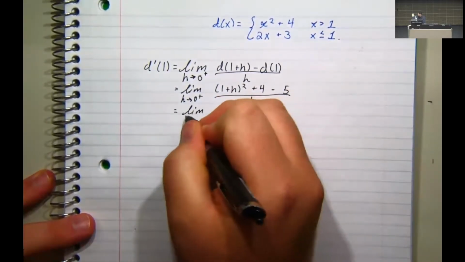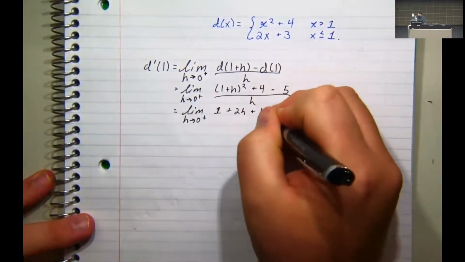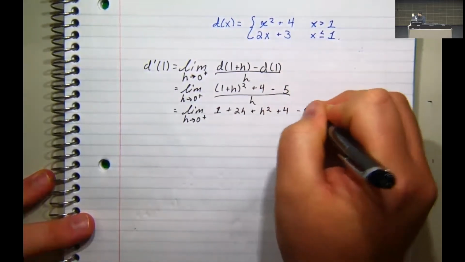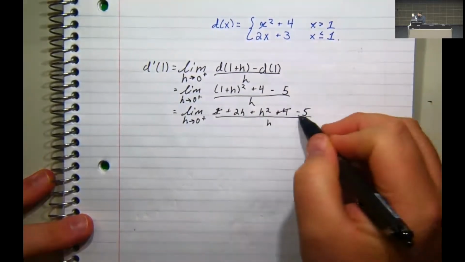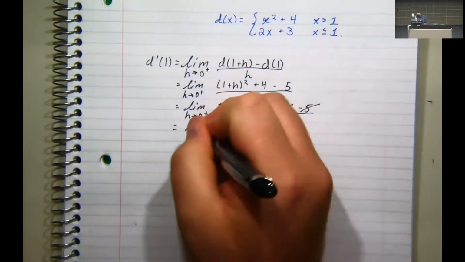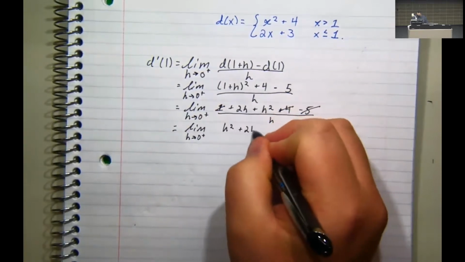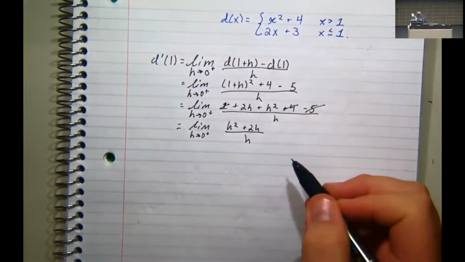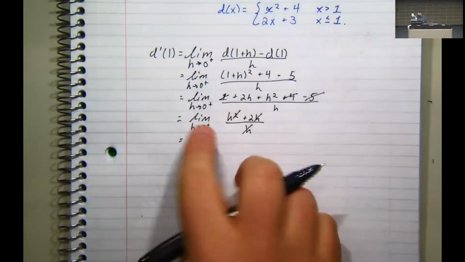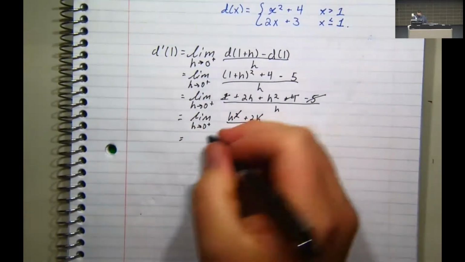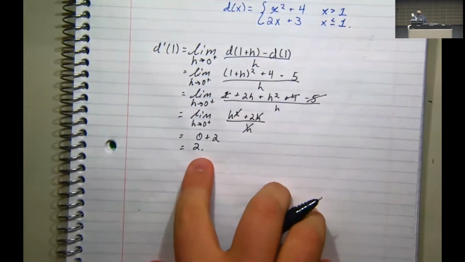That equals the limit as h approaches 0 from the positive of 1 plus 2h plus h squared plus 4 minus 5 all over h. The constants cancel: 1 plus 4 is 5, minus 5 is 0. So we get the limit of h squared plus 2h all over h. We cancel out those h's and sub in 0. So we get 0 plus 2, which equals 2. So the slope coming from the right is 2.